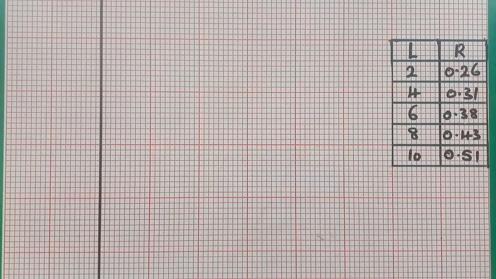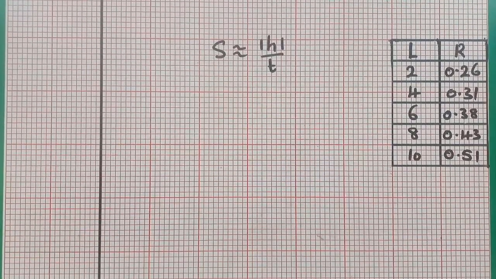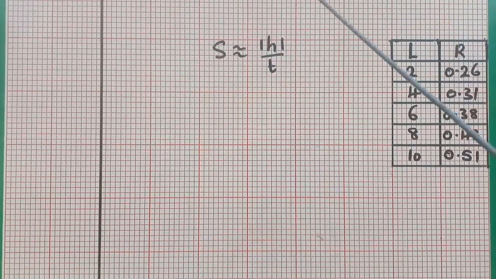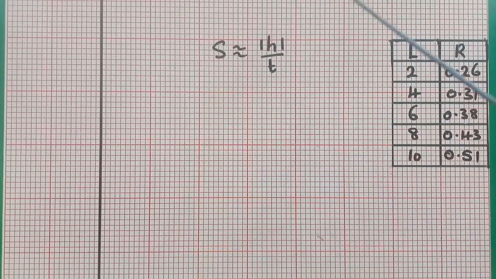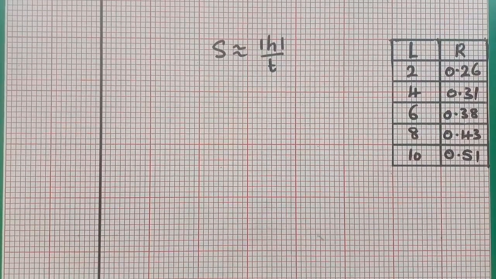Now, step 2. That is choosing and stating the scale. Let us start choosing the scale for the independent variable, the length. Let us see. We recall that the formula for finding scale is approximately equal to h over t.